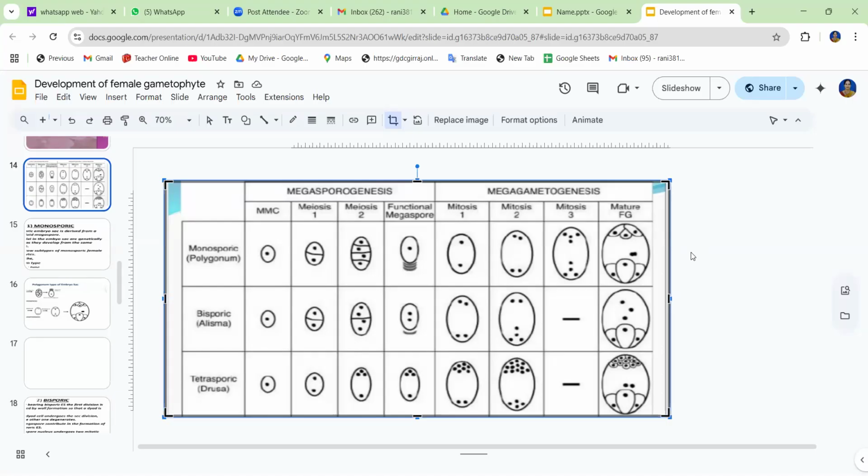I'll share the complete 11 or 12 diagrammatic schematic PPT in the group, or otherwise show it at the end of tomorrow's class.